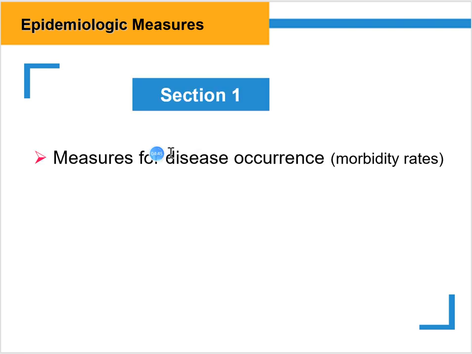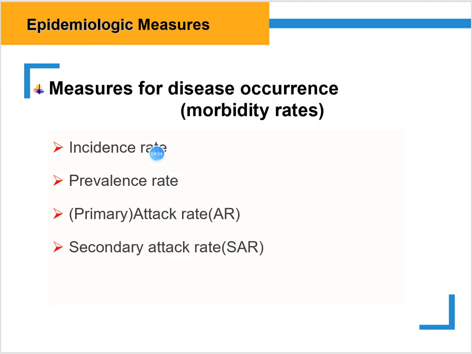Lesson 1. Measures for disease occurrence, morbidity rates. There are 4 measures commonly used to describe disease occurrence: incidence rate, prevalence rate, attack rate, and secondary attack rate.